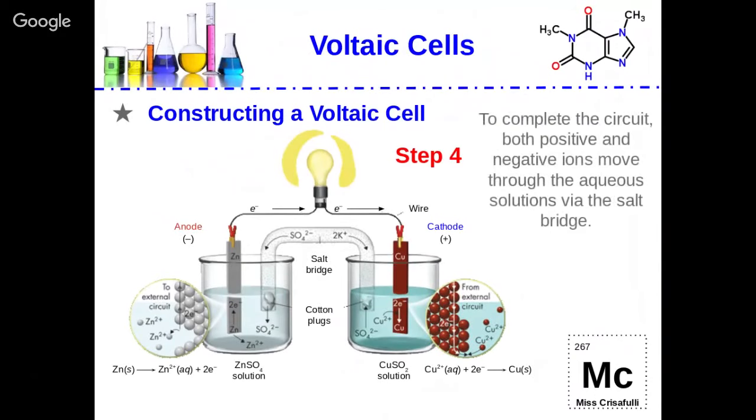And then to complete the circuit, both positive and negative ions move through aqueous solutions via the salt bridge. So we want to make sure that this whole thing is neutral constantly. So the only thing that's going to happen is that our salt bridge is going to transfer our ions where they need to go, so that way we keep the solution neutral.